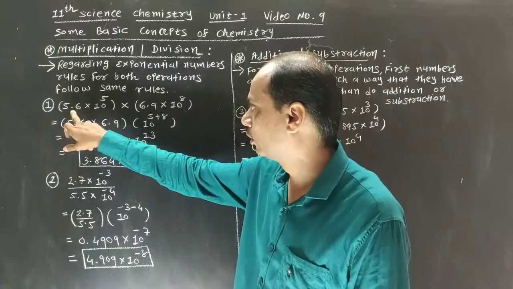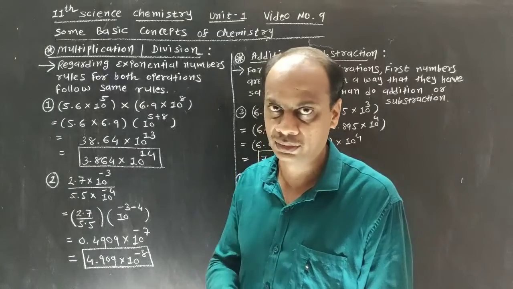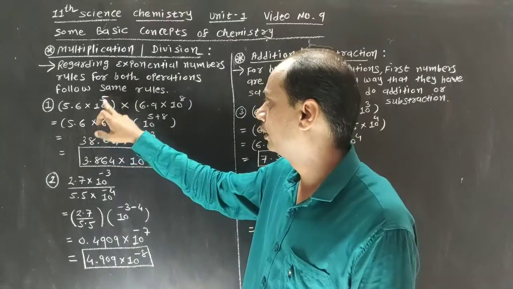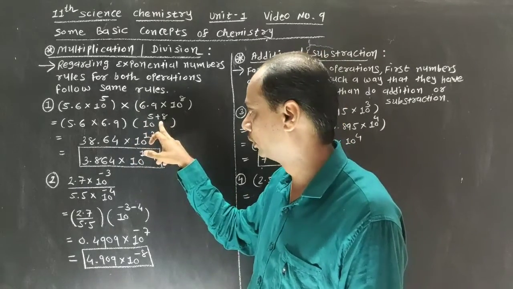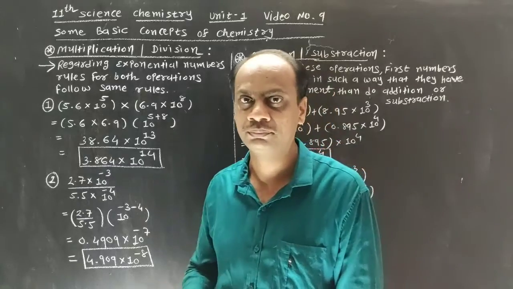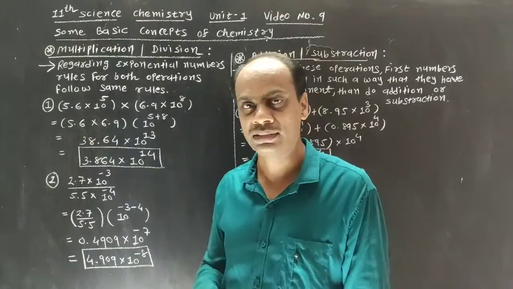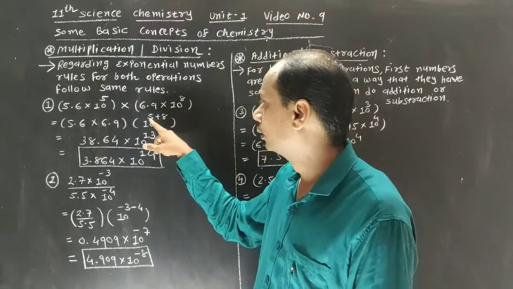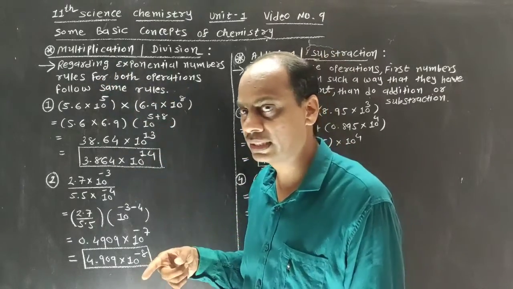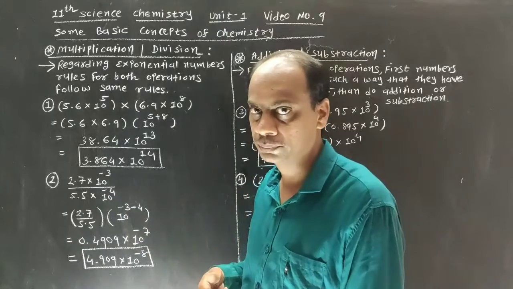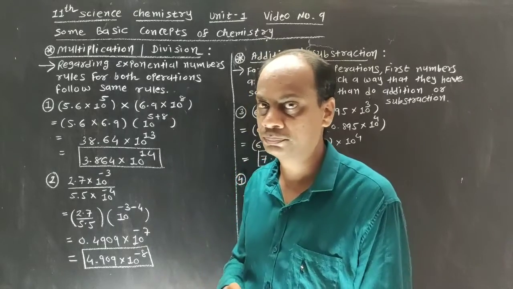In the next step we multiply 5.6 with 6.9 in one bracket, while the powers of 10 raised to 5 and 10 raised to 8 are added in another bracket. Whenever there is multiplication of exponential powers, we have to add, and when there is division, we have to subtract.